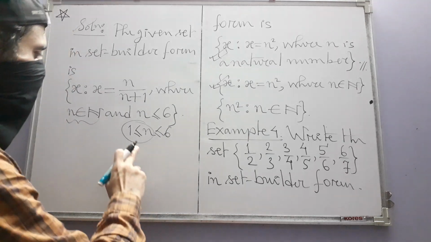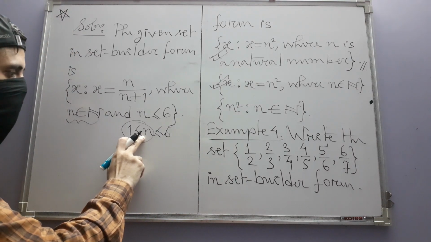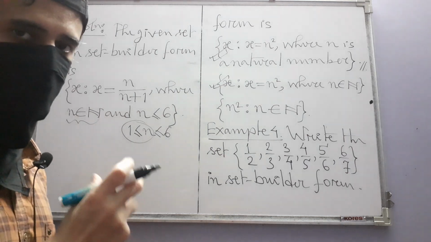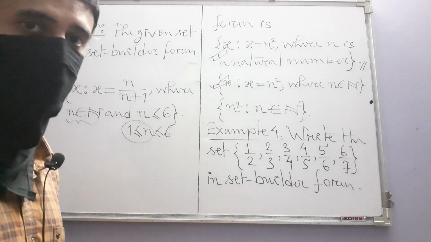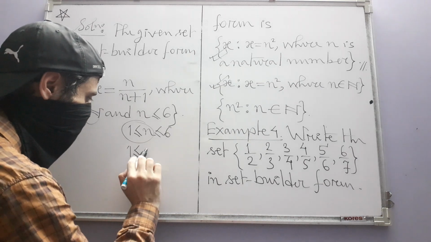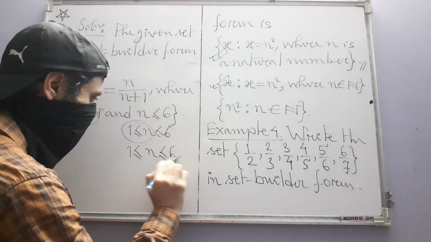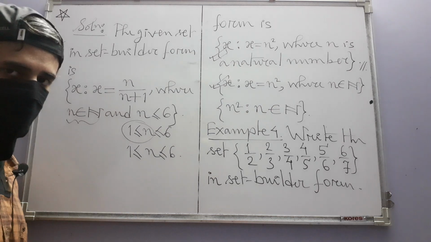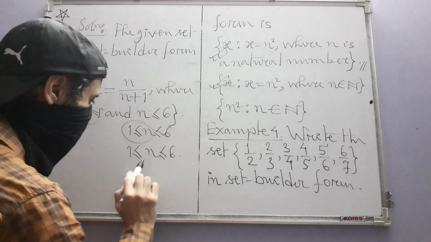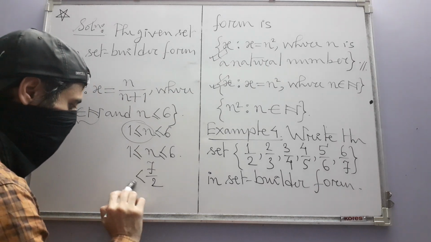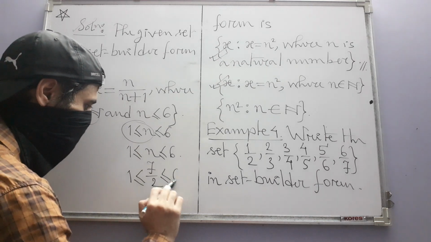Why though? That's because who will know that you mean n to be an integer, a natural number, not a fraction? If you simply write like this, no, many fractional numbers also satisfy this inequality. For example, 7 divided by 2 also satisfies this inequality.